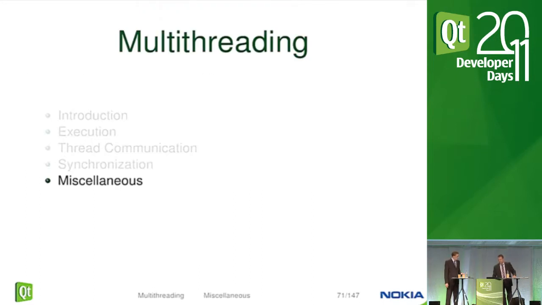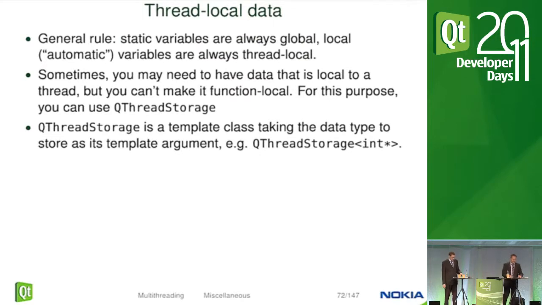Okay. And final section here, miscellaneous. The first thing is thread local data. We have this great concept of global data in our applications, and that's great. They are global among all of the application. Then we have very local data.